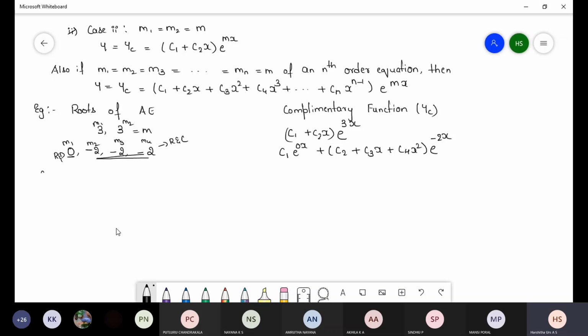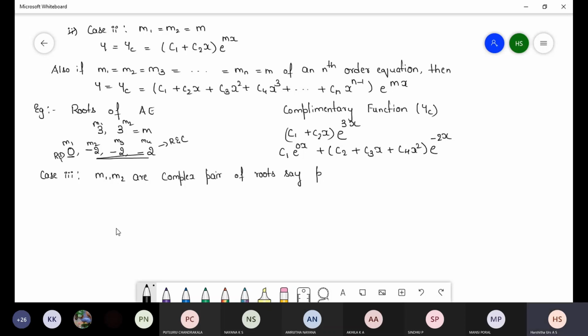So let's see case 3. Case 3, m1 comma m2 are a complex pair of roots. Say this one complex means p plus or minus iq.